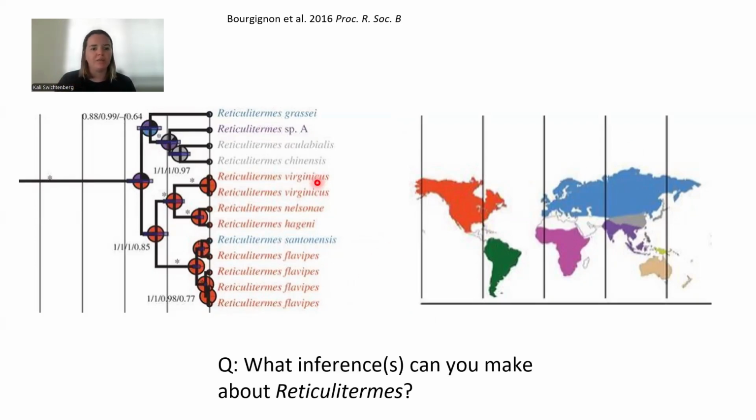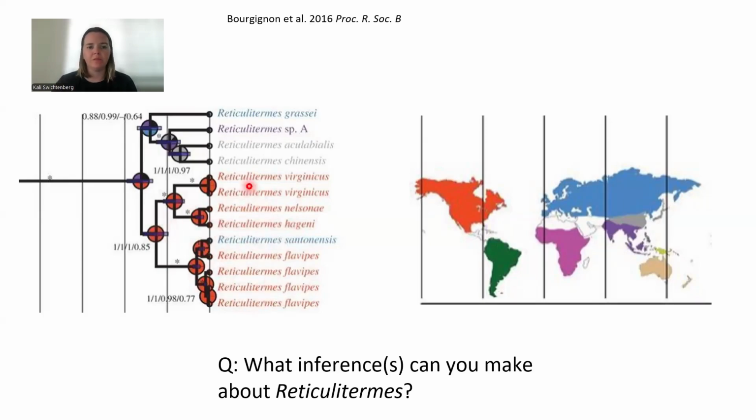So if we're looking at this phylogeny, what inferences can you make about Reticulitermes and where they occur? Let's just take a moment for that. So if we're looking at this bottom clade here, all of these Reticulitermes except for one, which is nested within all of the other Reticulitermes, are from North America.